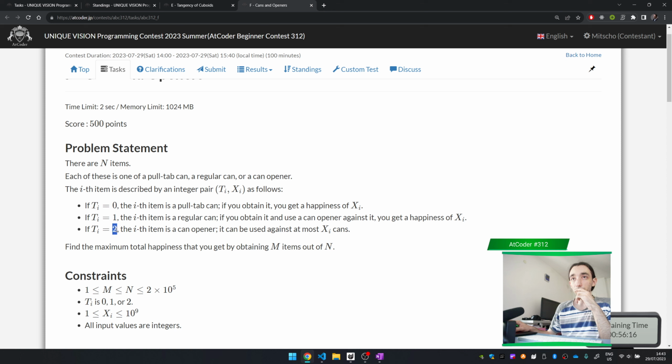Then with this can opener, you can open the regular cans, at most this many regular cans, and get a very large happiness, right? So theoretically we want to somehow, do we buy a can opener or do we not buy a can opener?